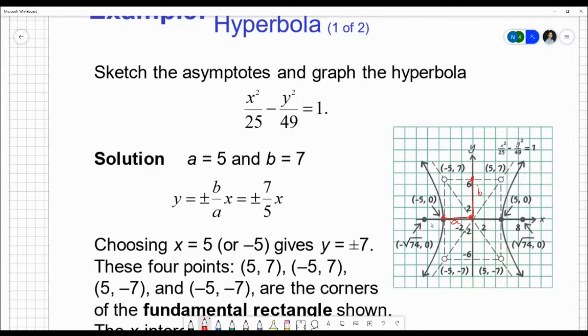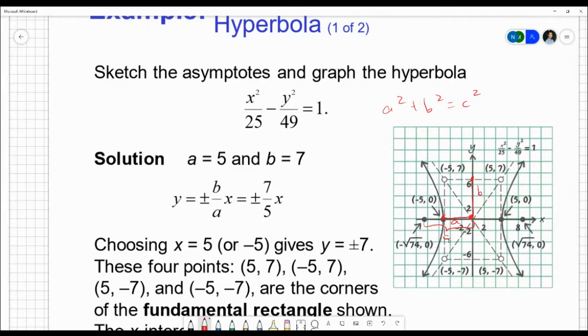My C value is from the foci, so A squared plus B squared equals C squared. You see here, the foci lie inside of my hyperbola. Since it is on the inside, it means the C value is the longest value. That's why this formula is just like the original Pythagorean theorem formula.